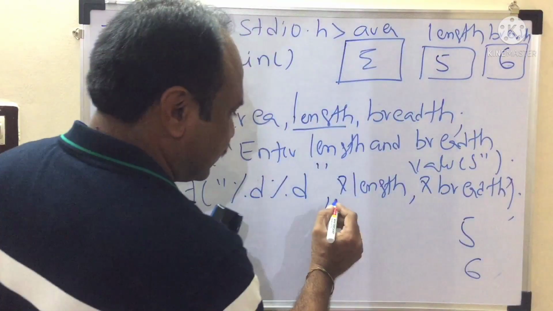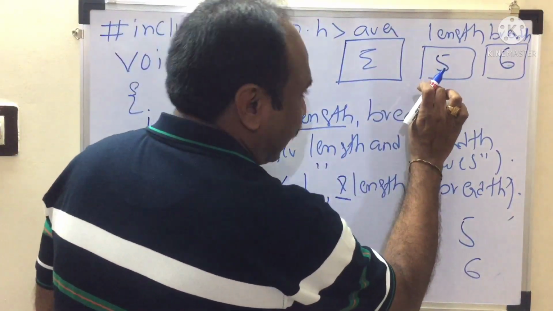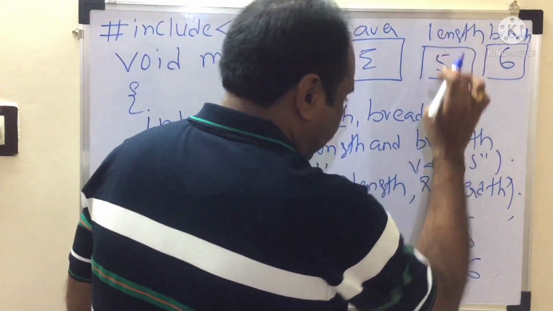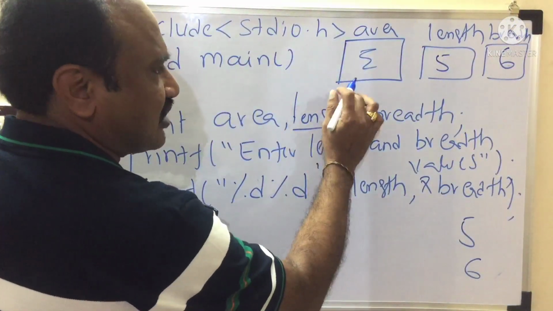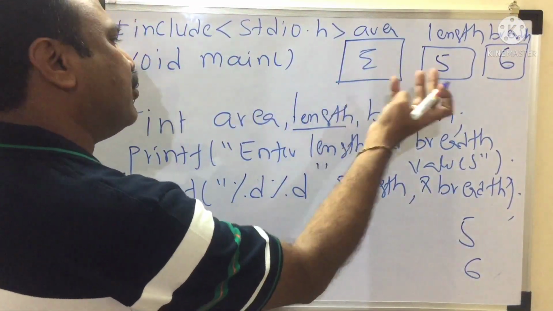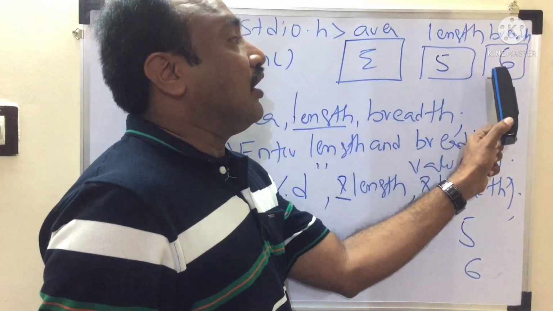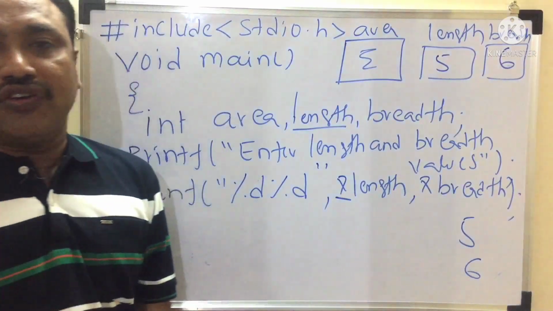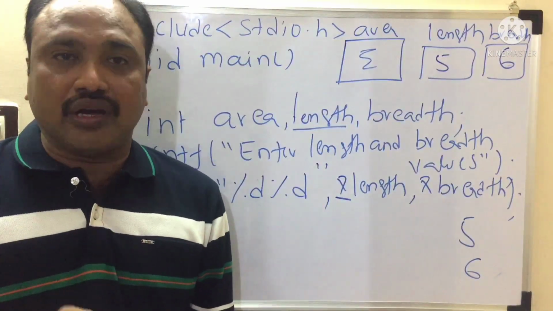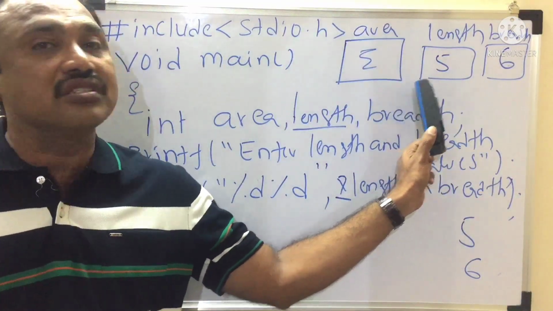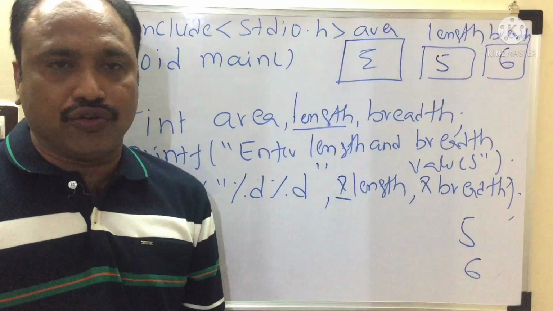Ampersand refers to the particular address of length and of breadth, because everyone has some address. The address of area is some 1010, of length 3050, and of breadth 6050. All addresses are positive values, hence addresses are unsigned integers. We'll talk about them in coming videos.